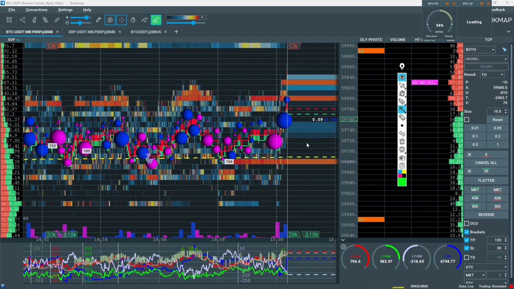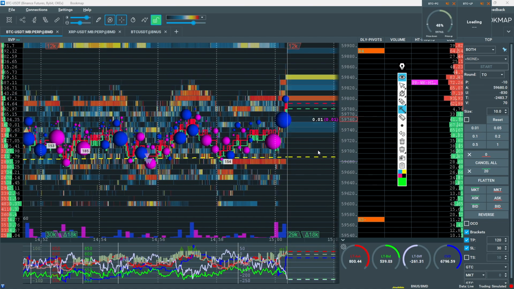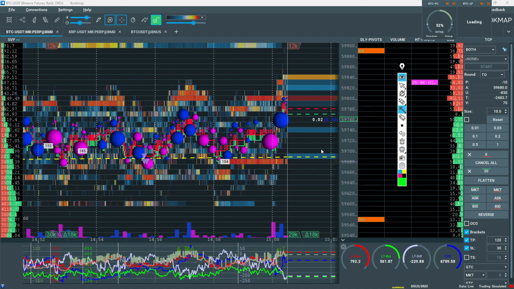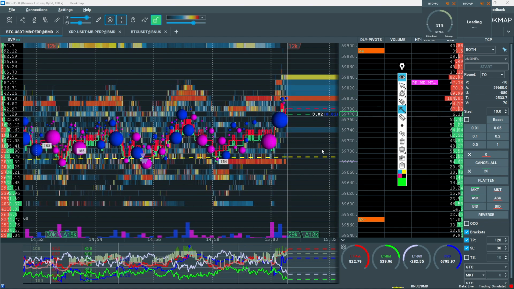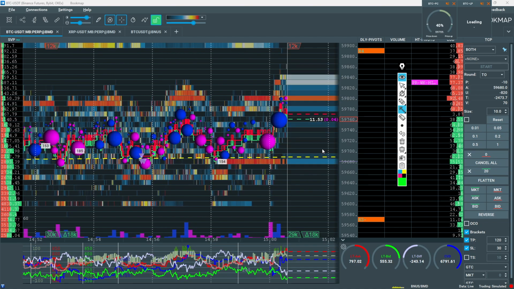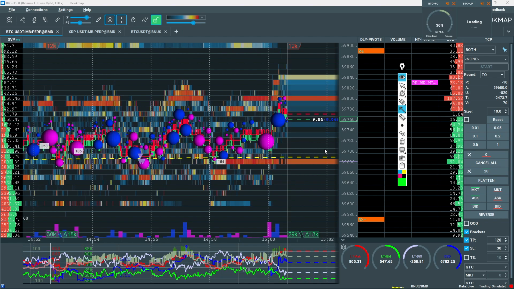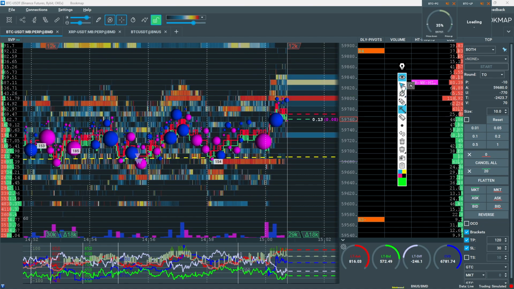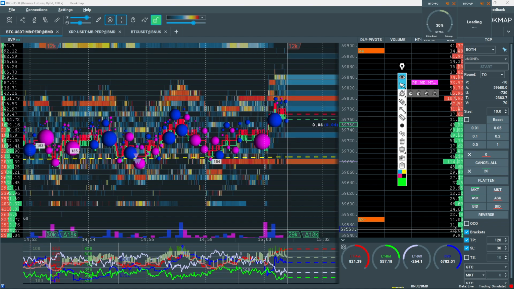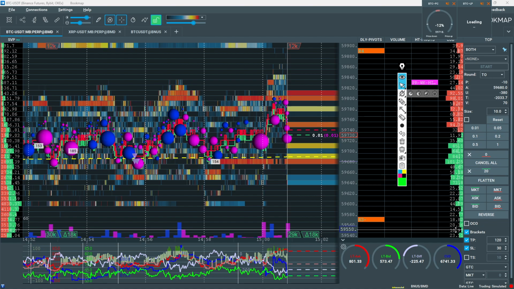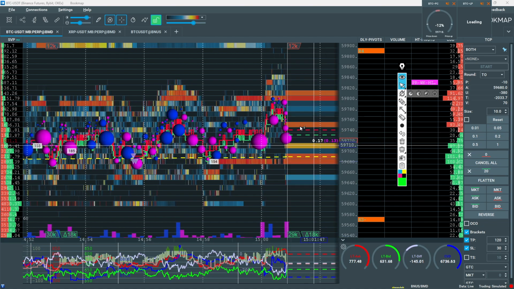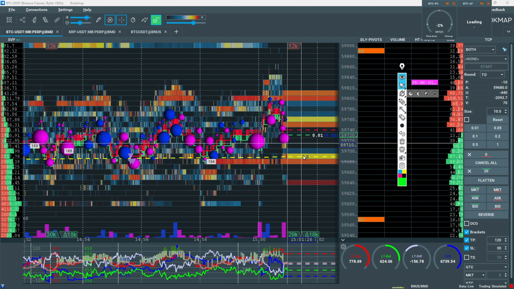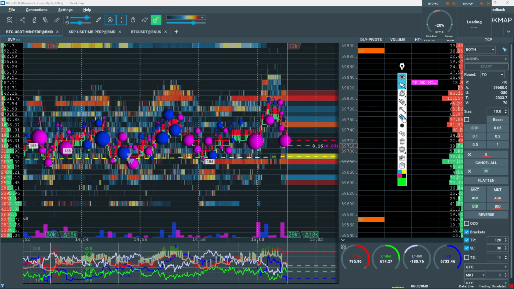I think they were trying to set me up right there. They were trying to trap some buyers right there. So it's looking like it was a bull trap. Let's see a little breakdown of this level now.